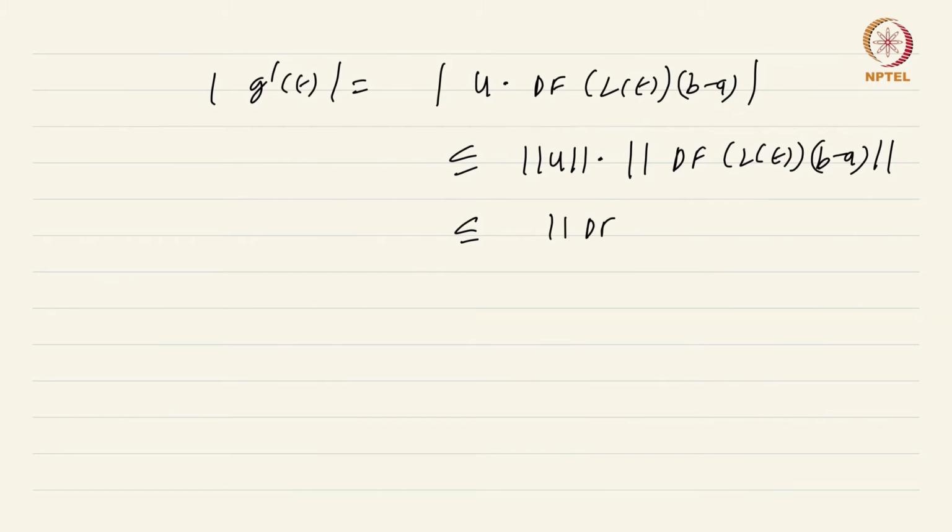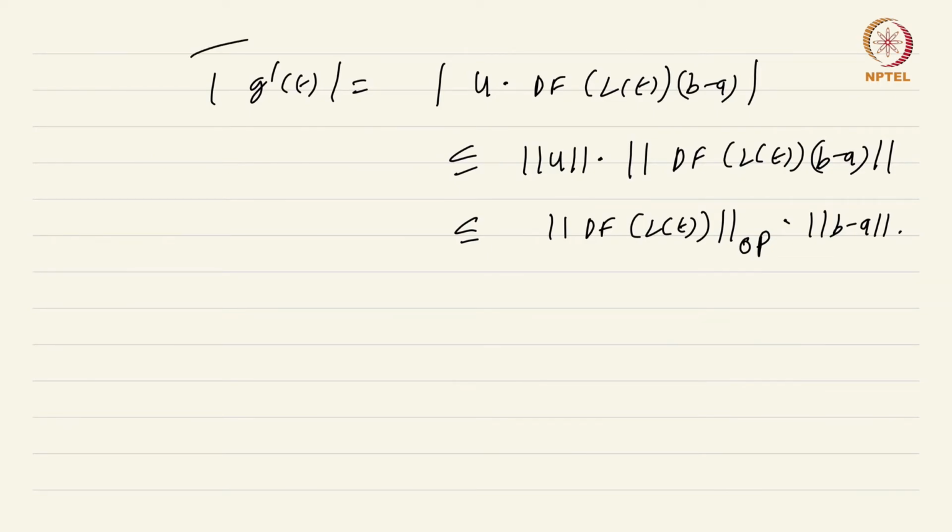So this is less than or equal to the operator norm of df at L of t times norm b minus a. We have used the properties of the operator norm.